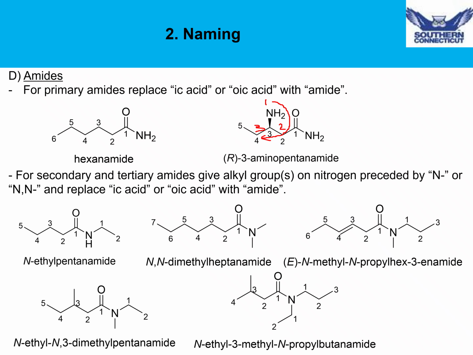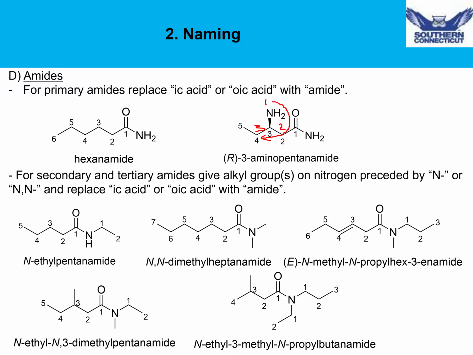Now, if you have 2 of the same alkyl groups, we would use the prefix N,N to indicate that we have that particular repeating alkyl group on the nitrogen.